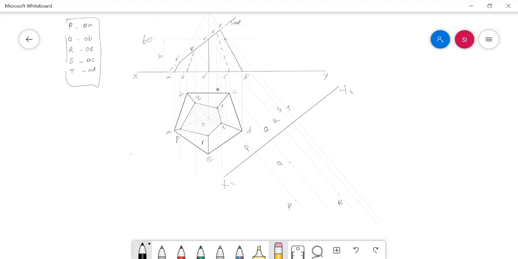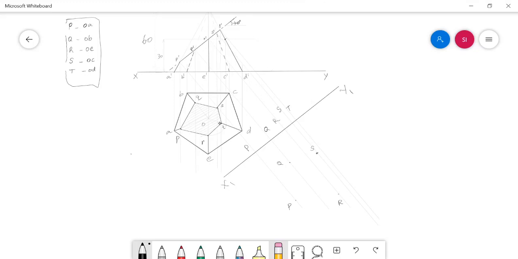Similarly, for the cut point S, measure the distance from xy, and with the same distance in the projector of S from x1 y1, I mark the point S approximately here. Yes.